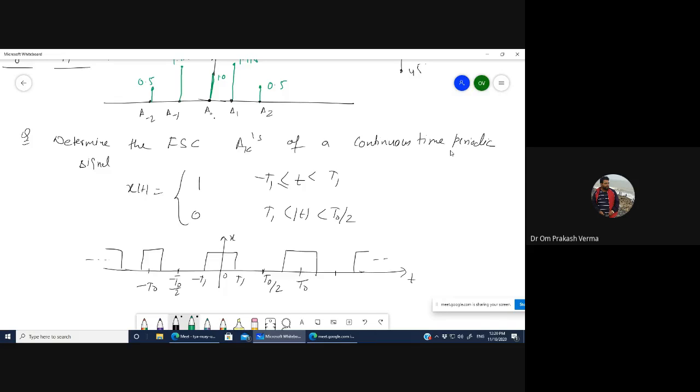You have to determine the Fourier series coefficient for this one. This is the assignment problem you have to solve.